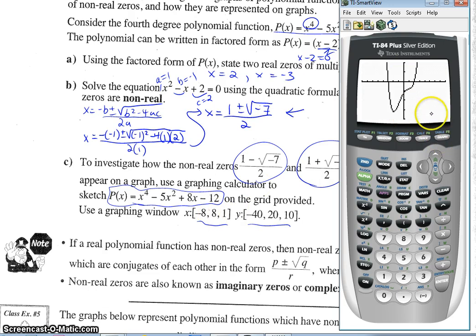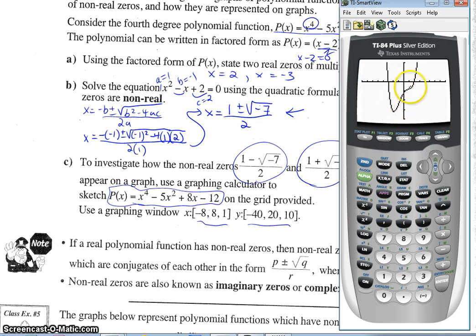Okay, there's our graph. Here's our x-intercept of negative 3 that we got from here. Here's our x-intercept of 2 from our other real zero. And you'll notice that the graph has a little change in concavity here, doesn't it? It goes from concave up here to concave down here.